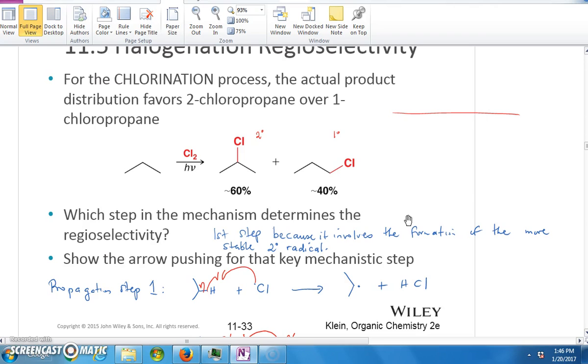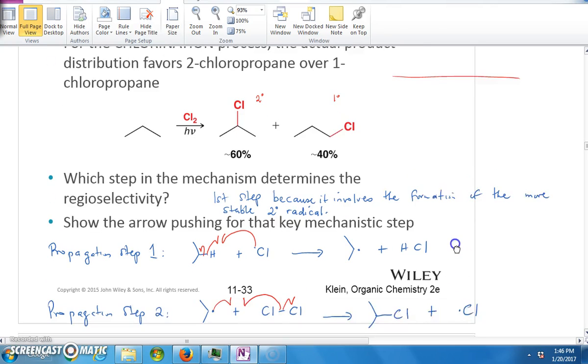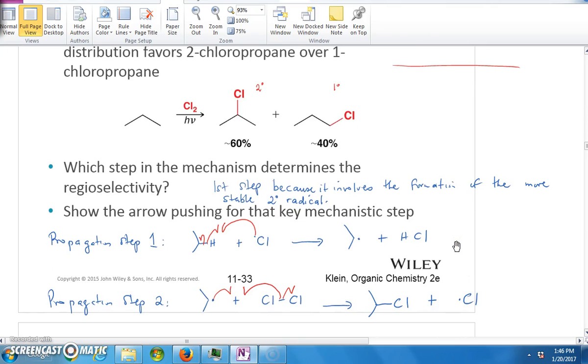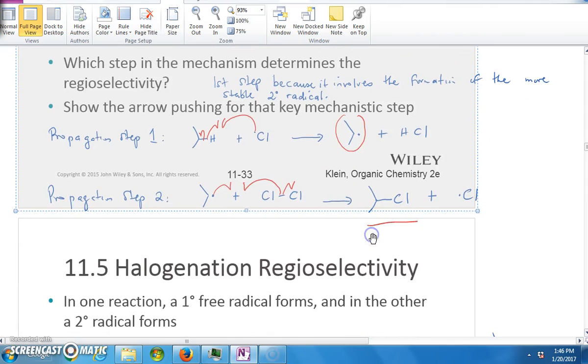We know that it's the first step because it involves the formation of the more stable secondary radical. As you can see here, in the first step, it involves the formation of the more stable secondary radical. And once the secondary radical is formed, it reacts with the molecular chlorine to give the product, which is the secondary alkyl chloride, or 2-chloropropane, as you can see.